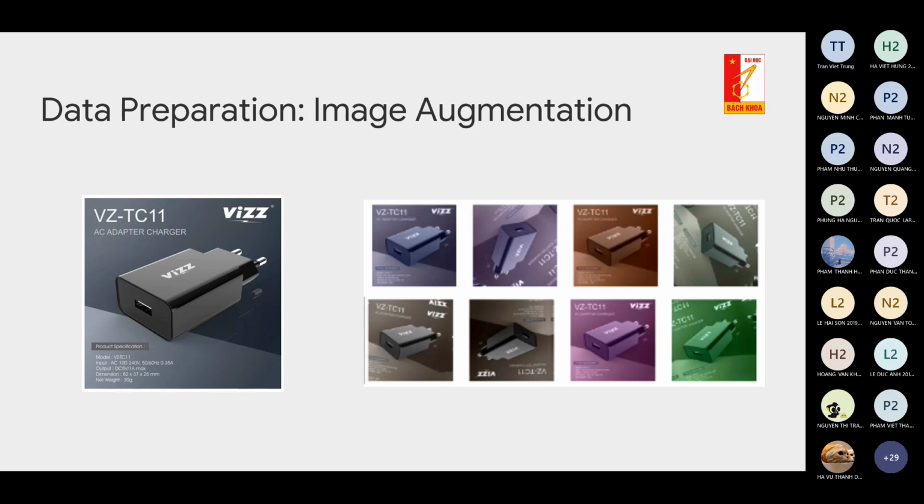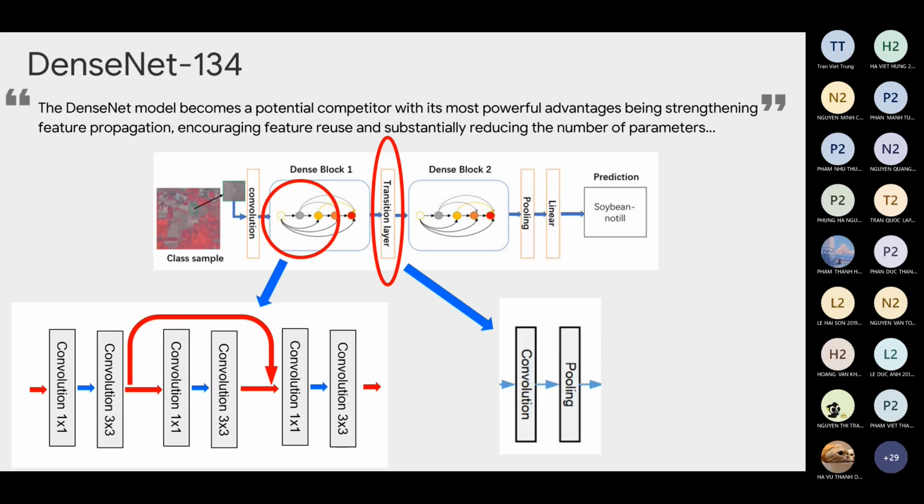And then, to approach this task, firstly we think of a neural network called DenseNet, in this case DenseNet 134.